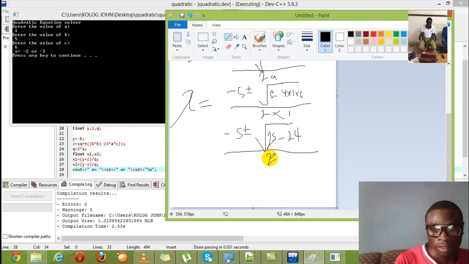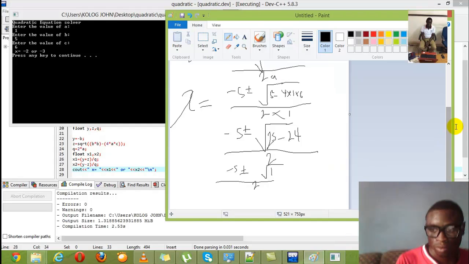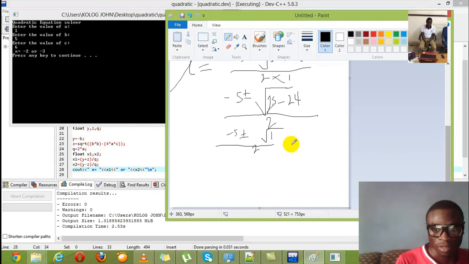Now we have minus 5 plus or minus the root of 25 minus 24, which is 1, all over 2. So we'll have minus 5 plus or minus 1, root 1 is 1, all over 2.